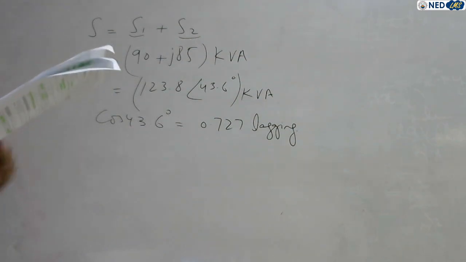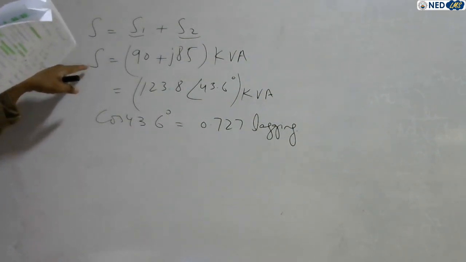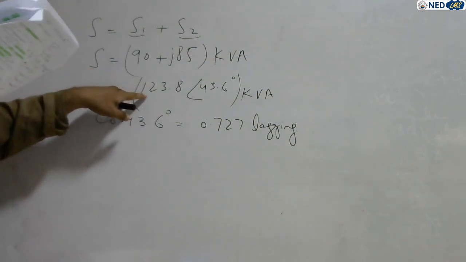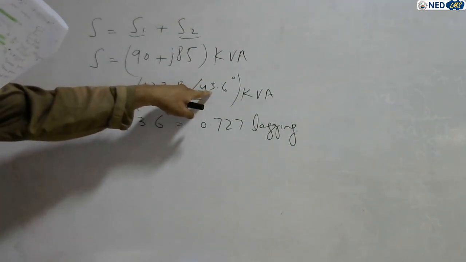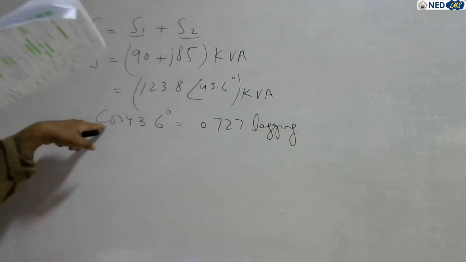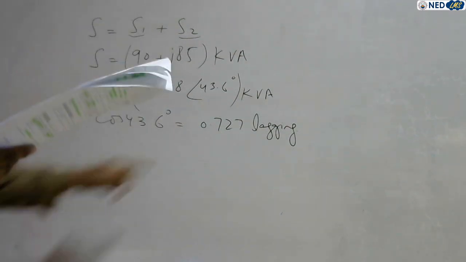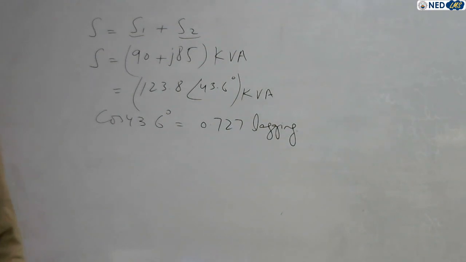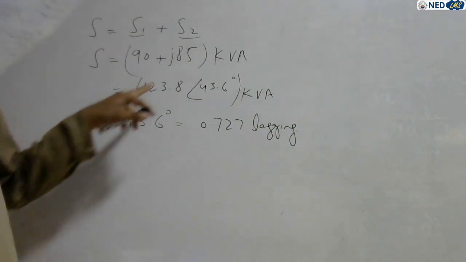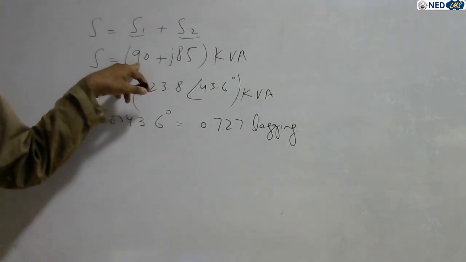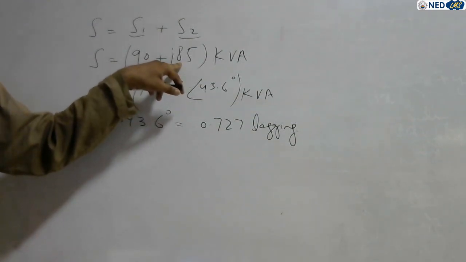So the final complex power comes out to be this. This one is the angle. If you take cosine of that value, you will get the power factor of the combined load, that is 0.727 lagging. So in this case, the real power comes out to be 90 kilowatt and the reactive power comes out to be 85 kVAR, right?